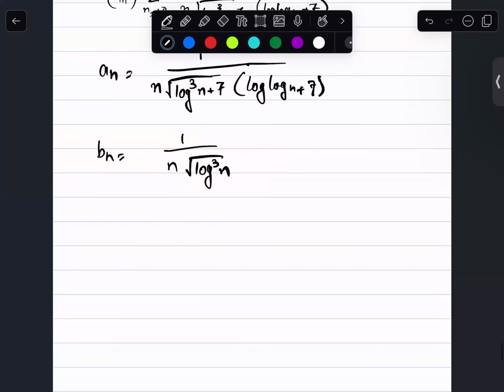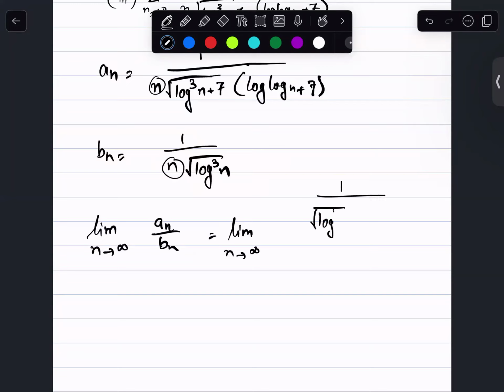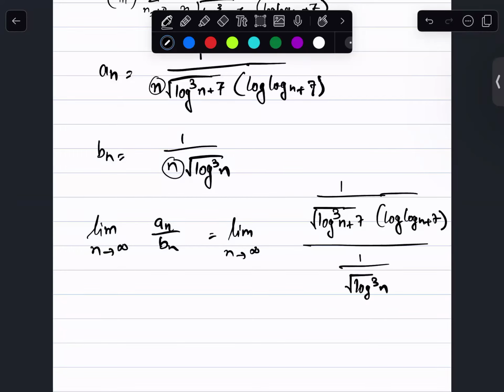Okay, and if I take the limit as n tends to infinity of an over bn, then what happens? This n and that n will go away. So I have 1 over square root of log to the 3n plus 7, times log n plus 7, over 1 over square root of log to the 3n.